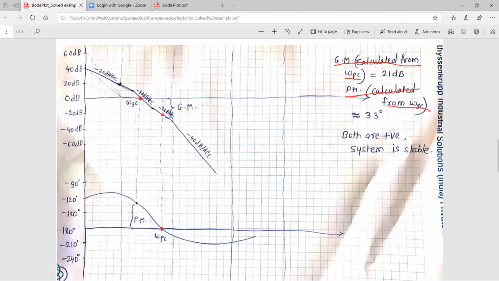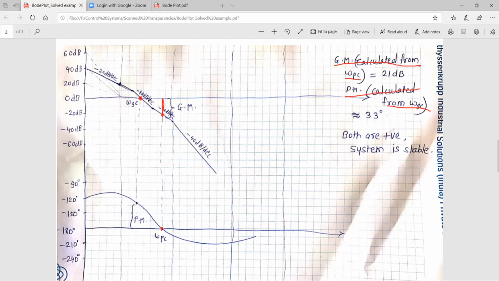So this much is the gain margin, the margin that can be added to the system till the system becomes unstable. I have calculated it from the graph as around 21 dB. This has to be precise, but with semi-log paper it will be better for the calculation.